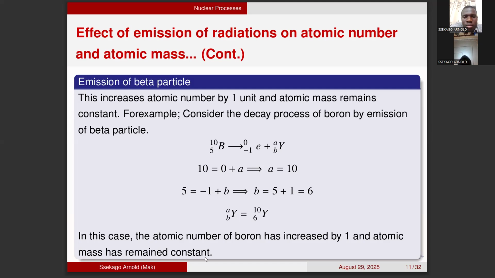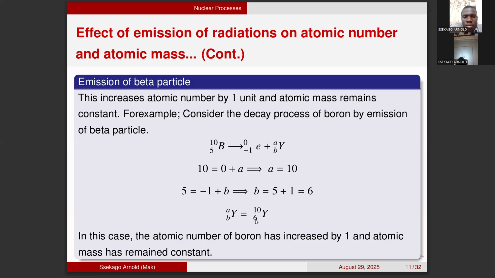So once an atom undergoes the decay process by releasing a beta particle, its atomic mass does not change. However, the atomic number, which is down, increases by 1.